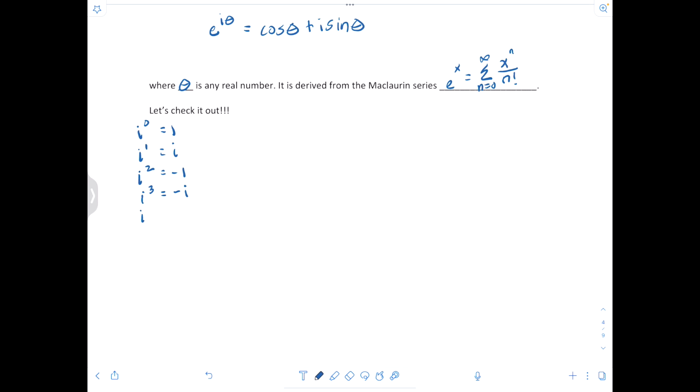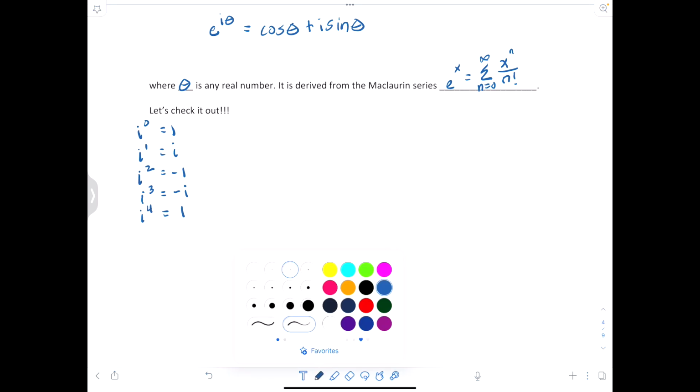And now I to the 4th tends back to what? Beautiful. 1, because you'd have -1 times -1, which is 1. So the powers of I repeat 1, I, -1, -I, and 1. All right? So that's the first step here.